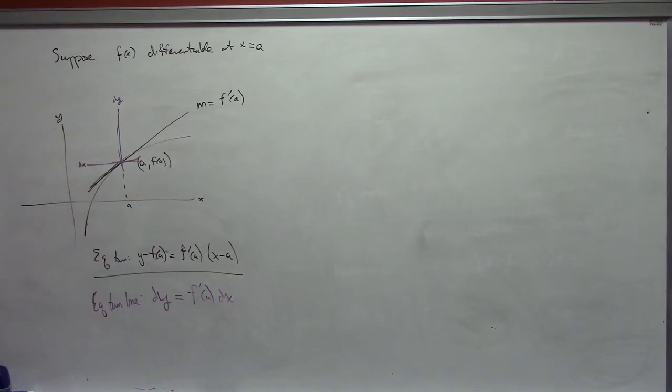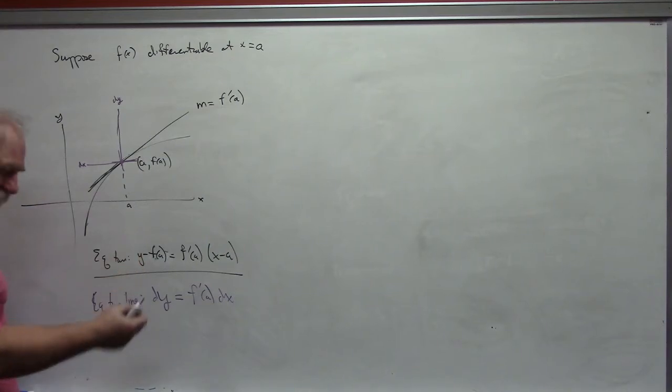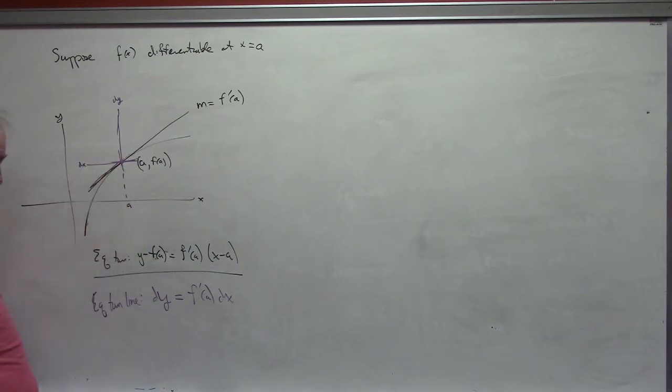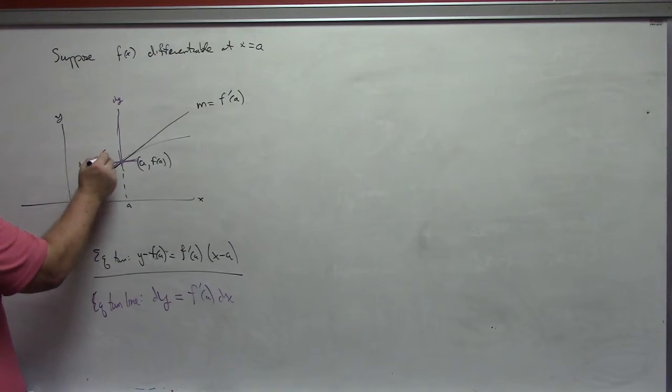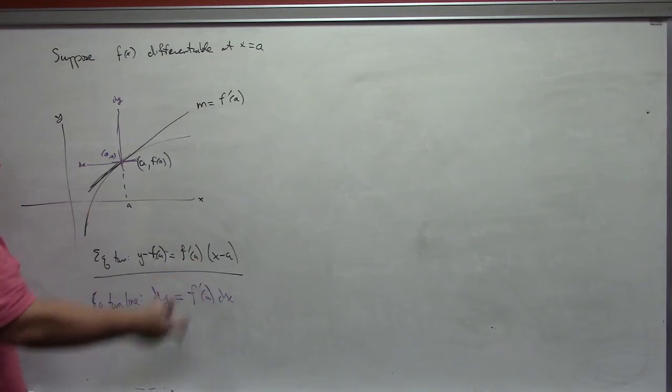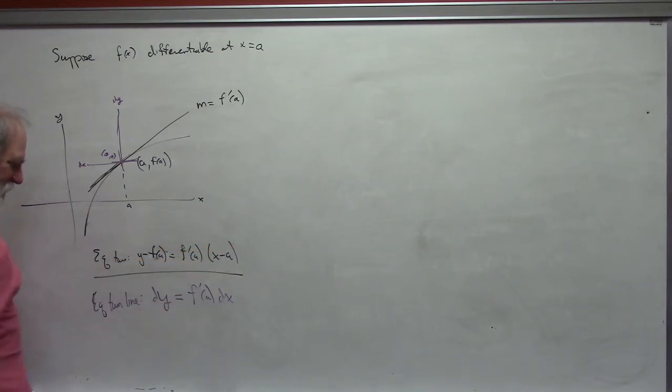My functional value in the new axes is 0. This goes to the point 0, 0. And so it's dy minus 0 is equal to f prime at a times dx minus 0, or just dy is equal to f prime of a dx.